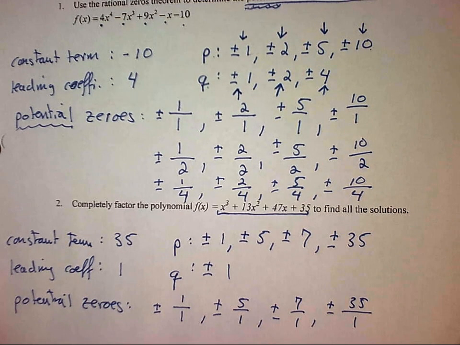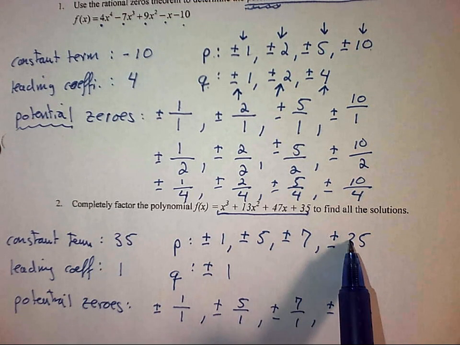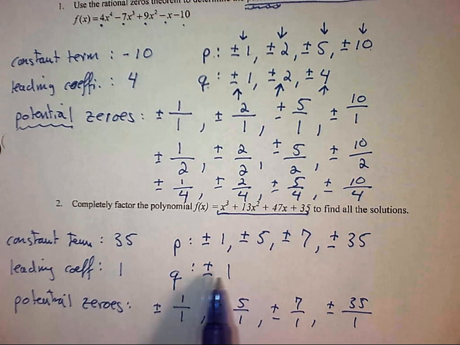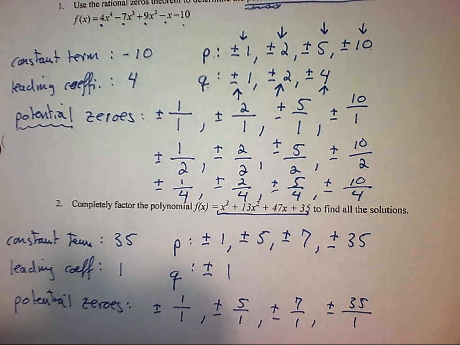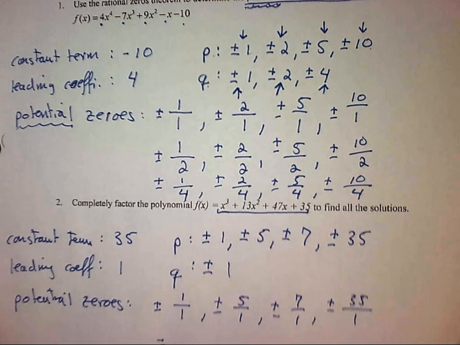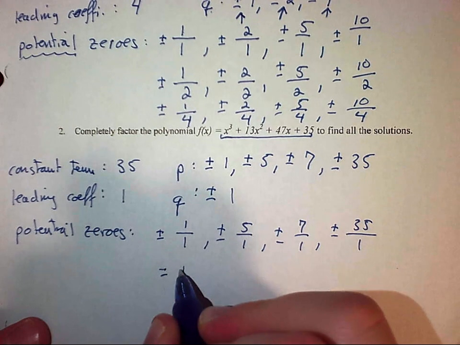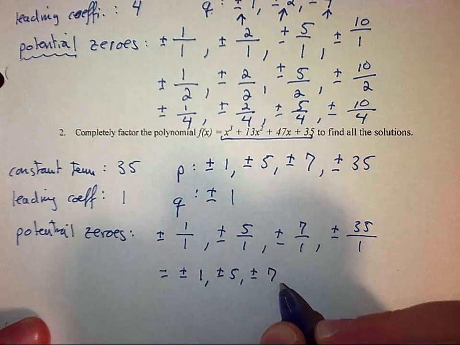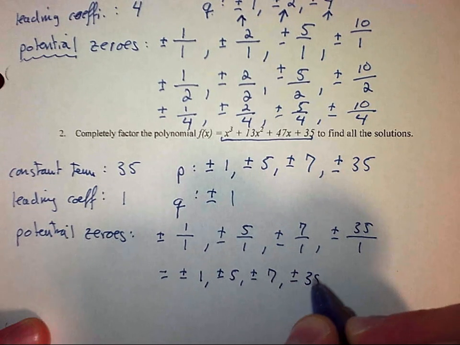I'm trying to be really explicit about exactly how we find our potential zeros. I go through all of these and use them as my numerators, and then I go through all of my possible q values and use those as my denominators, but here I just have one q value. This one's really easy to clean up, because we just have plus or minus 1, plus or minus 5, plus or minus 7, and plus or minus 35.